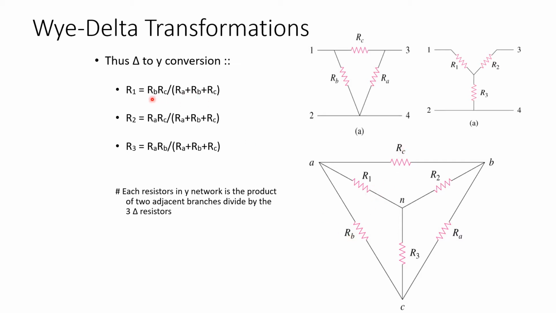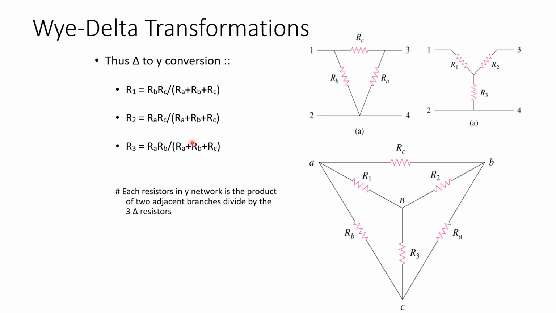So in the formula, R1 is equal to RB into RC. If R2 is in that position, then the formula of R2 is RC multiplied by RA.